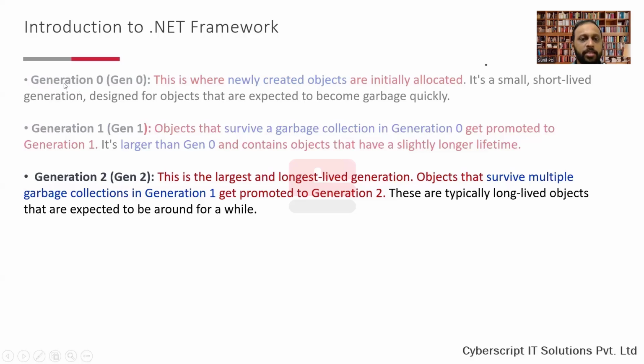Most of the time the garbage collector will check only generation 0, then generation 1, and very few times generation 2, because the objects in generation 2 must be the longest-lived, having survived generation 0 and generation 1. When the garbage collector visits generation 1 multiple times and finds those objects are still live objects across multiple traversals, those objects are considered long-lived and only then would they get shifted to generation 2.